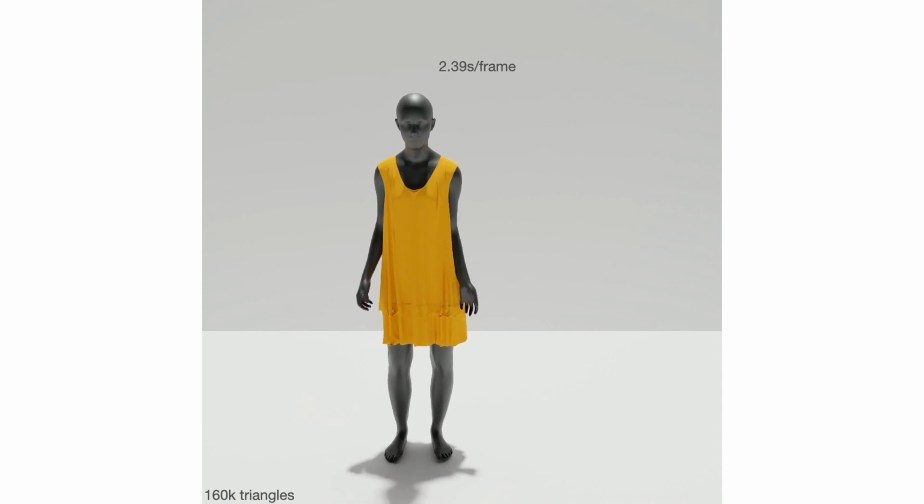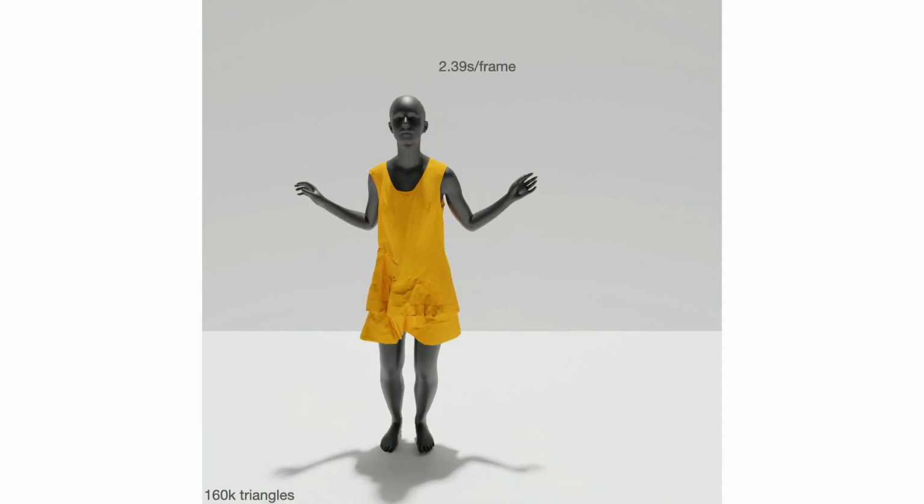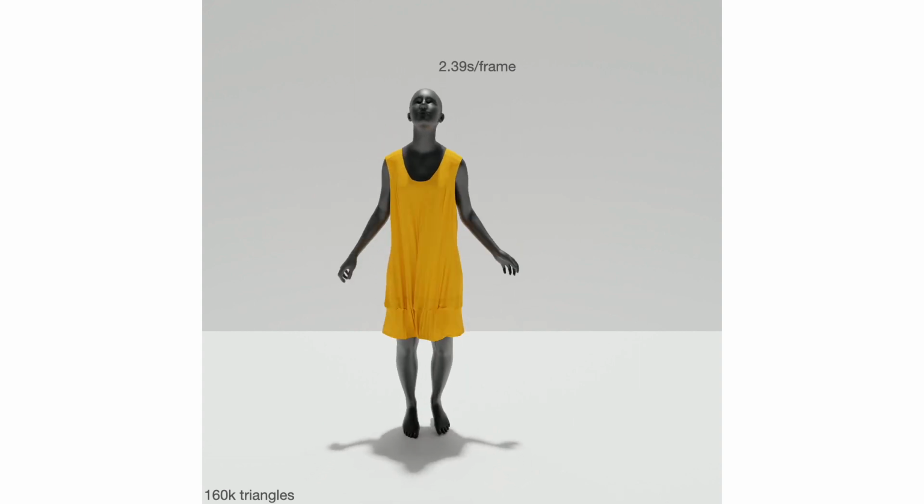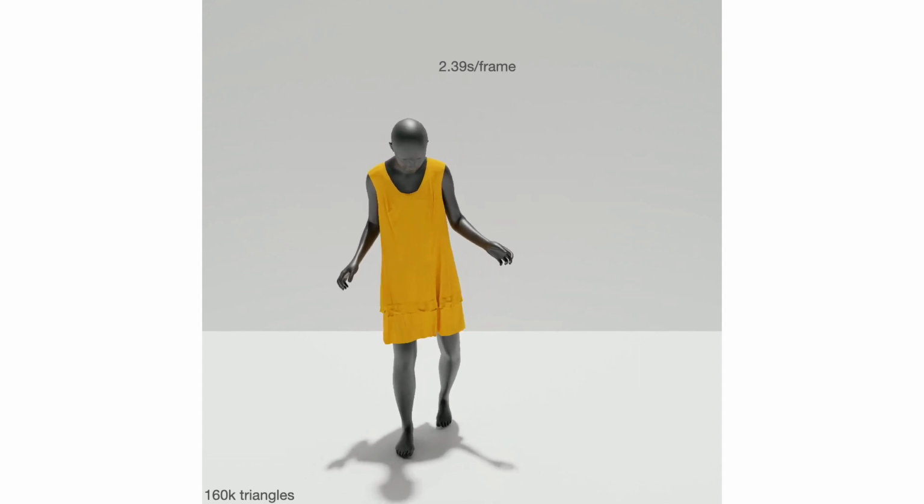Here we show an example where we use our method for simulating multilayered cloth, which runs in approximately 2.5 seconds per frame with frictional contacts.